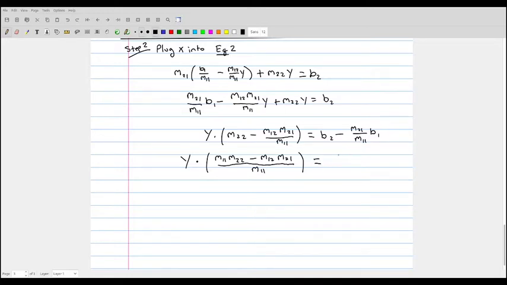And on the right, it becomes m11 times b2 minus m21 times b1, all over m11.